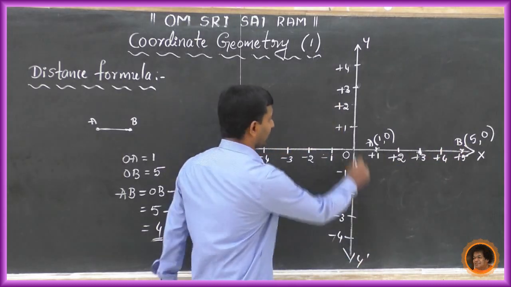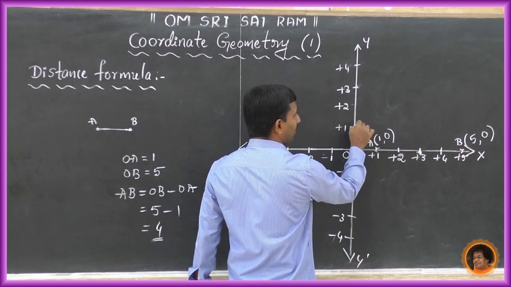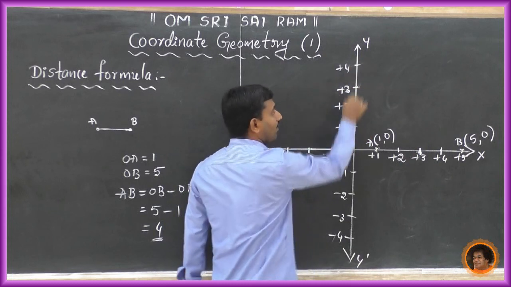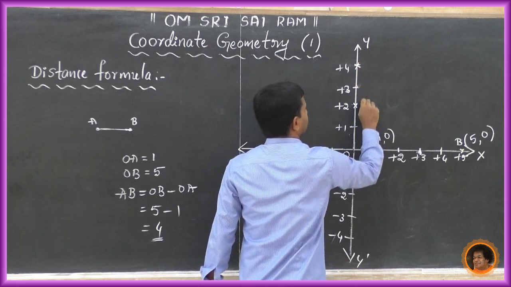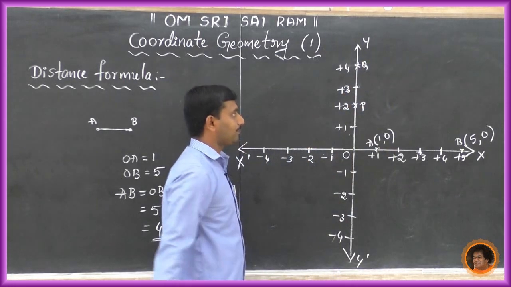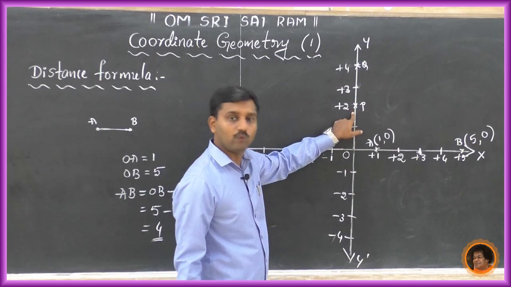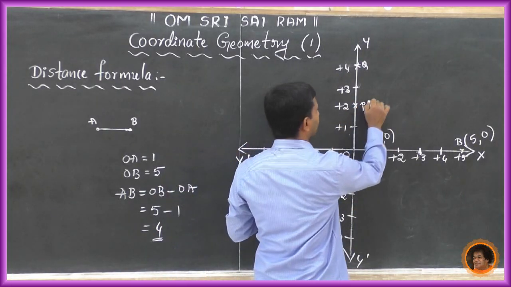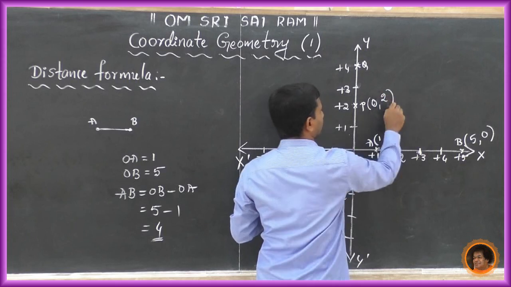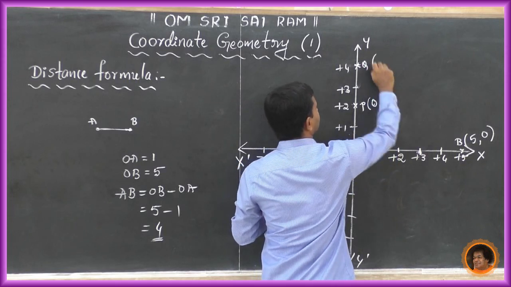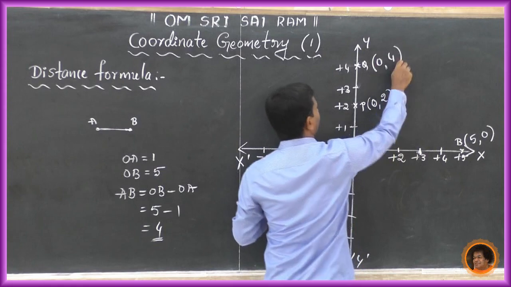In the same way, now take any two points that lie on the y-axis, P and Q. Now the points P and Q lie on the y-axis. So the coordinates of the point P are 0, 2 and the coordinates of the point Q are 0, 4. Why?